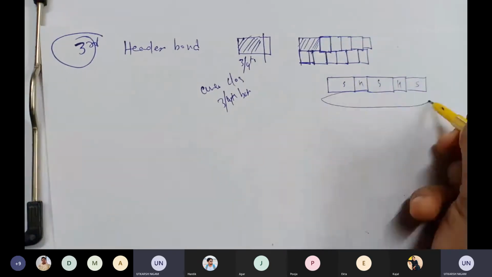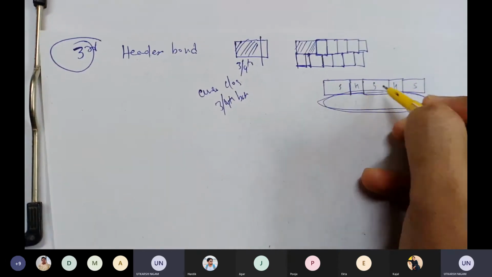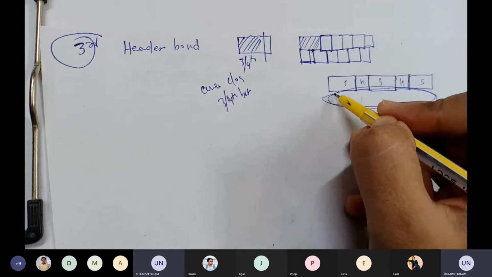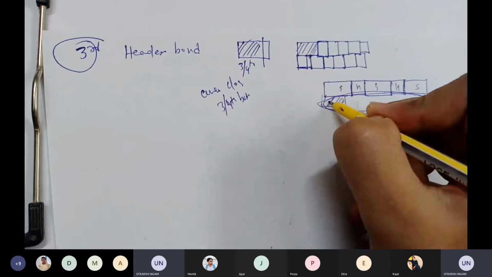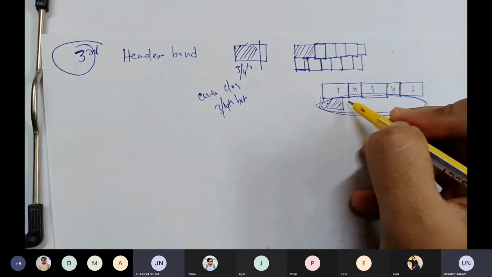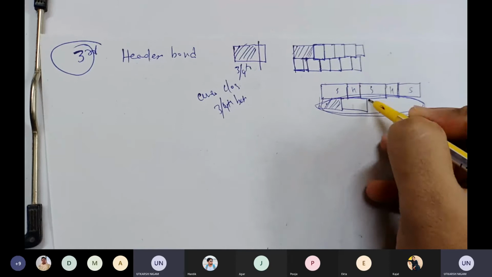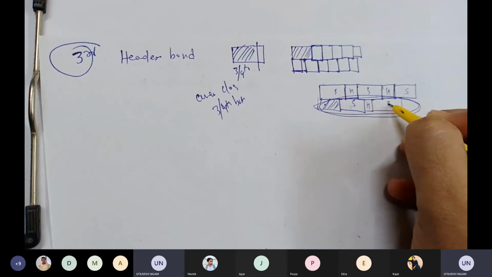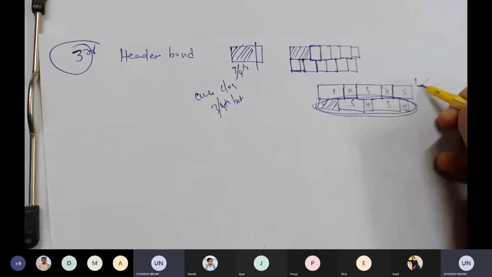In the course below, we have to avoid these vertical joints. So what we will do, we will use 3/4 bats, or some closer, queen closer, 50%. Then we will avoid it and provide one full brick, then header. So stretcher, header, then again stretcher, then again header. In such a way, try to avoid these joints.